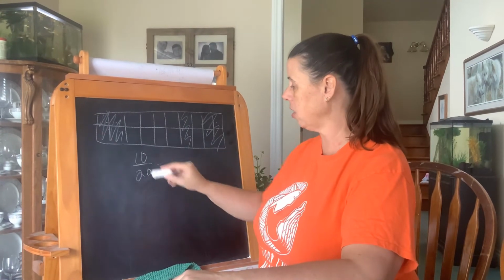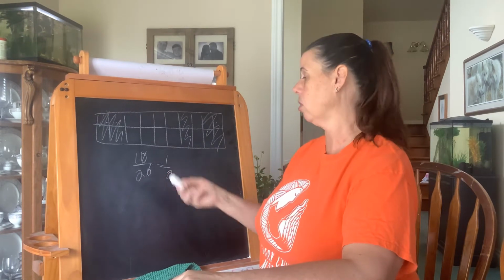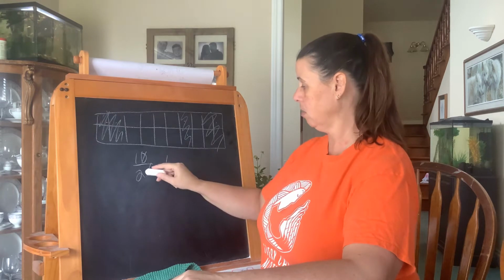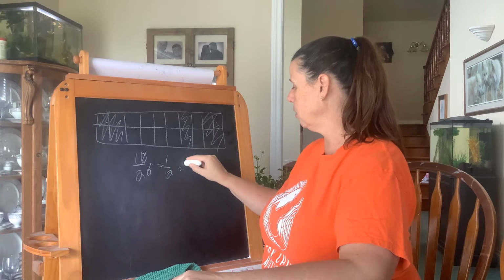For me, I can just cross out those 2 zeros and I end up with 1 over 2, but you also could go, well, 10 goes into 20 2 times and 10 goes into 10 1 time, so a half. And that should tell you 50%.